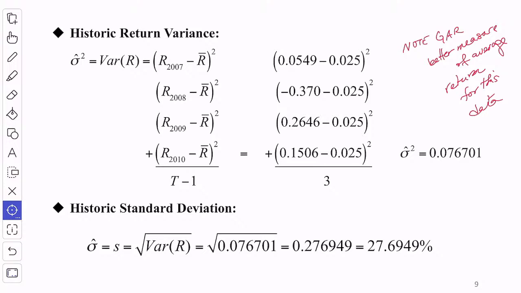All right. And I'll explain why in a bit. I just want to practice this. So this is what you would get. This is the variance, and then you have to take the square root. Notice there's a square here for variance. And then you need to take the square root to get the standard deviation, which is 27.69. That's quite a bit. So if you use this data with the arithmetic average here, that's what you would get.